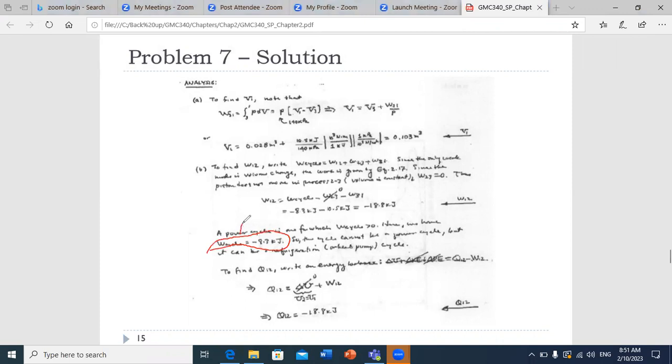The power cycle should have W cycle positive because in a power cycle we produce work, so the net work is positive according to our convention. However, here since we got a negative result, it cannot be a power cycle, but it is a refrigeration or heat pump cycle. Okay.